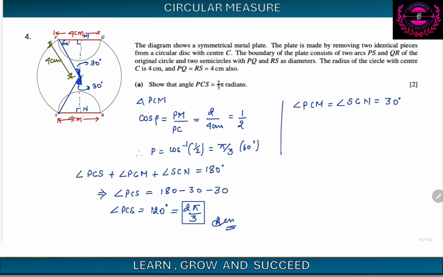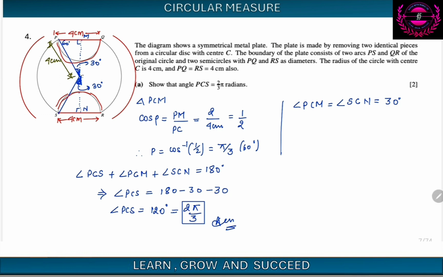Here we have to find the total perimeter of the metal plate, which is equal to the sum of the arc length of PS and QR, plus the length of these two semicircles. This is our total perimeter of the plate.